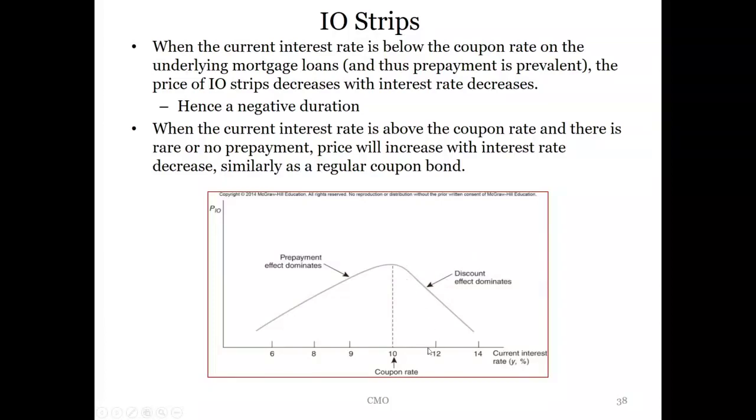On the contrary, if market interest rates are above the coupon rate of the IO strip, it will be the opposite. The price of the IO will decrease when interest rates increase.